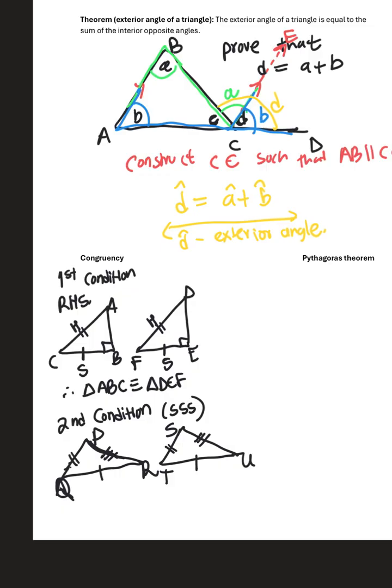Because the corresponding sides are equal in length in these two triangles, for example this side equals this side, and this side equals this side, and this side equals this side, we conclude that triangle PQR is congruent to triangle STU.